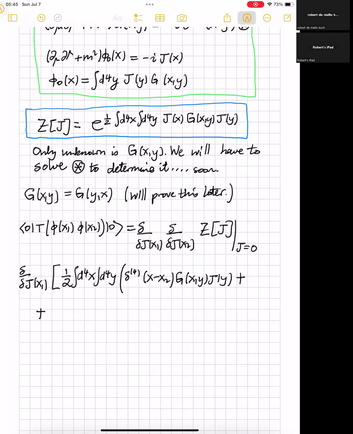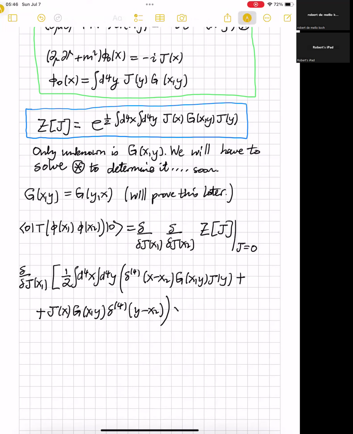When we hit the second source, we do nothing to J of x, so J of x stays here. We get G(x, y), and now we hit the J of y, and this will give us a delta4 of y minus x2. So that's what we get by differentiating the exponent. And then we need to again multiply by the exponential.